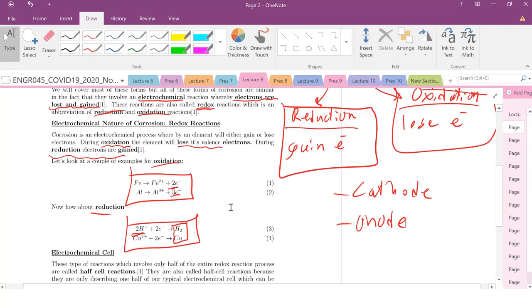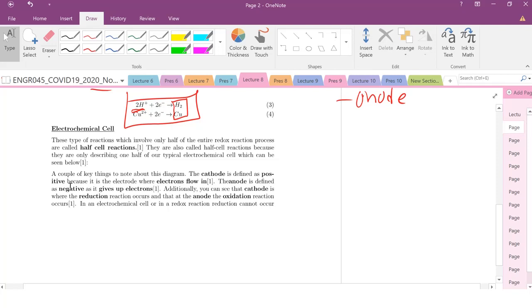So that's the basics. When we're dealing with electrochemical corrosion, and galvanic corrosion is another term for it, it's all about these redox reactions. Corrosion comes into play when you have 2 dissimilar materials. They could be metals, they could be polymers, whatever, but let's focus on metals for this instance.